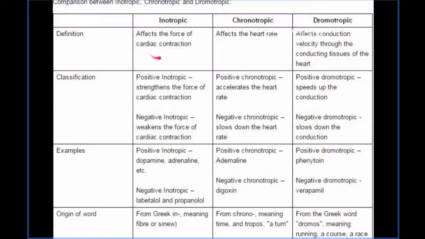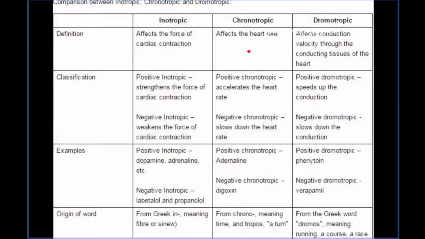When we say inotropic, there would be an increase in the force of the cardiac contraction. Imagine, it talks about how forceful the contraction would be. When we talk about chronotropic effect, it talks about the heart rate.